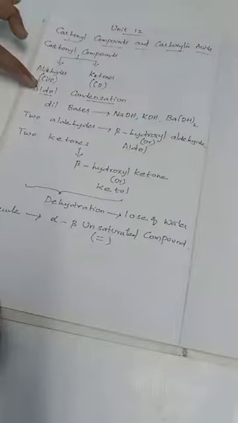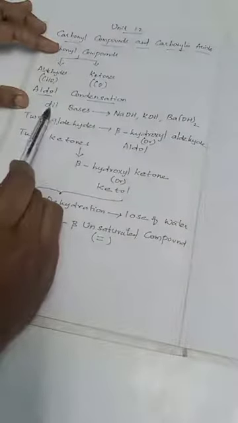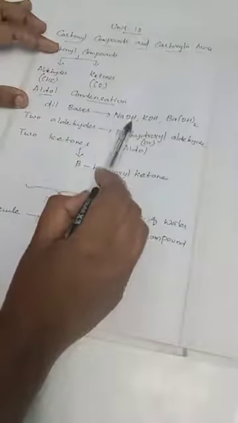Now once again I will repeat. In today's section we are discussing the aldol condensation mechanism. This mechanism occurs by using dilute bases. We can use sodium hydroxide, potassium hydroxide, as well as barium hydroxide. The reaction occurs by using either two aldehydes or two ketones.